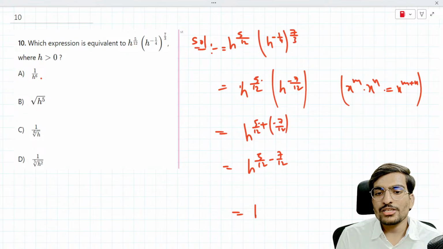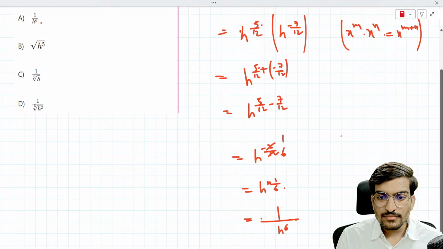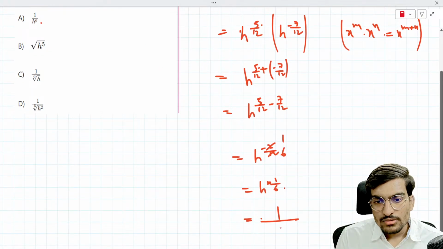That is negative 2/12, which is negative 1/6. So h raised to the power of negative 1/6. What is the meaning of negative 1/6? That equals 1 by h power 1/6.